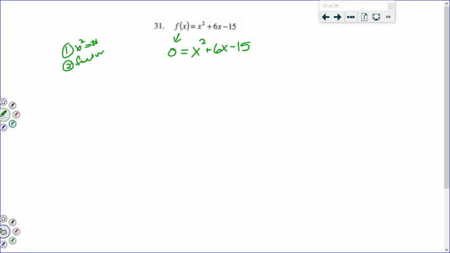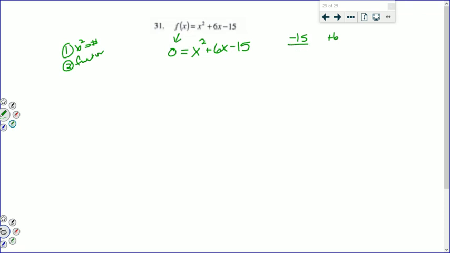All right, so we're looking for two numbers that multiply. Since we don't have any number in front of x squared, we don't need to worry about multiplying beforehand. Do we have two numbers that multiply to be negative 15 and add to be 6?